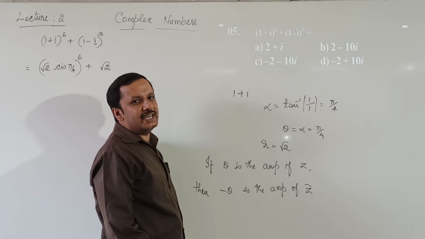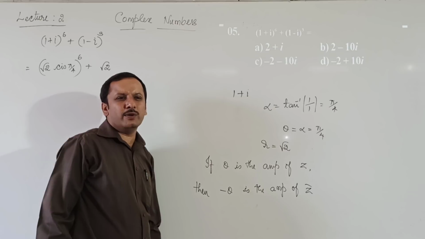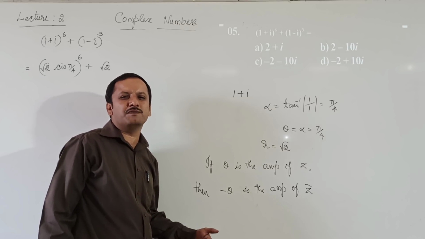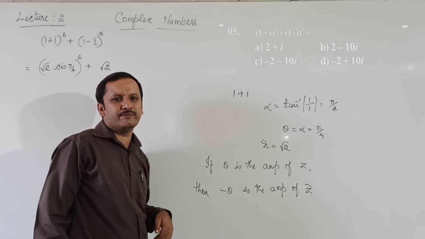For z and z bar, modulus will remain the same and amplitude will be negative of the other. If theta is the amplitude of z, then minus theta is the amplitude of z bar.